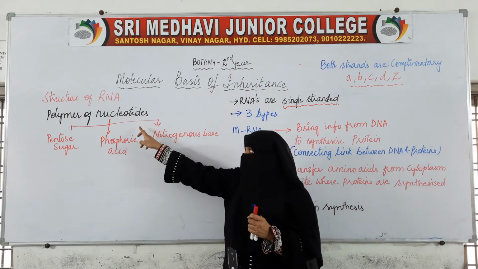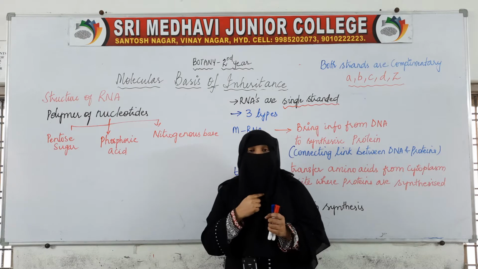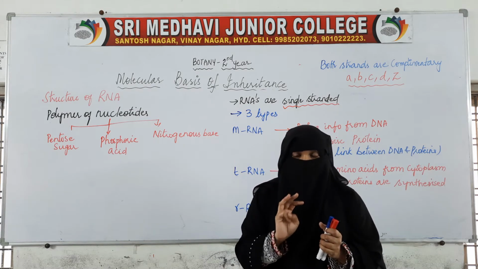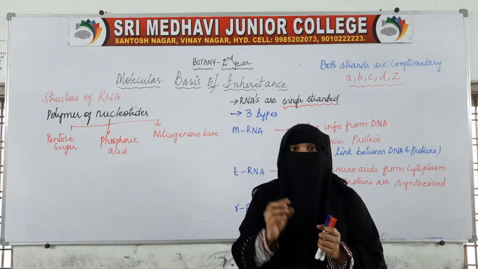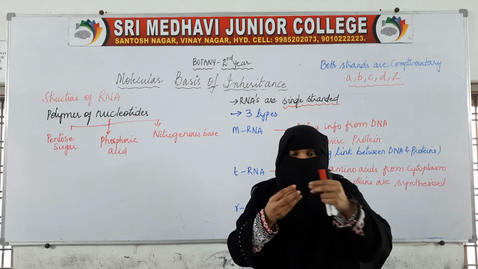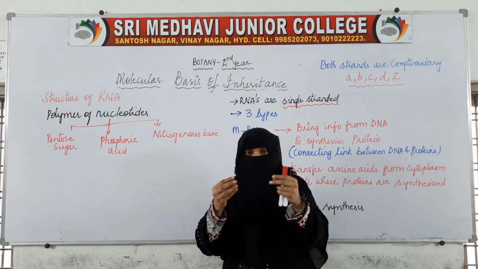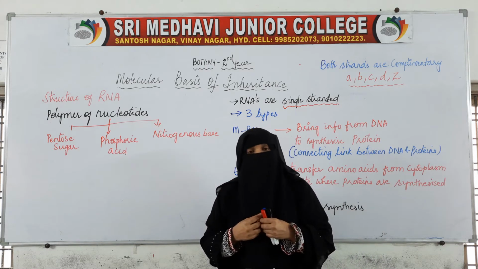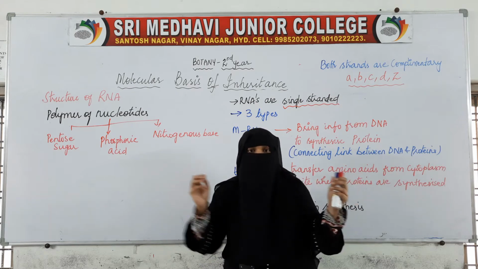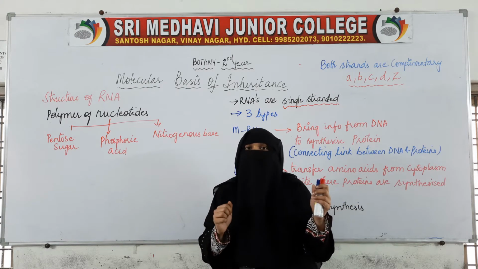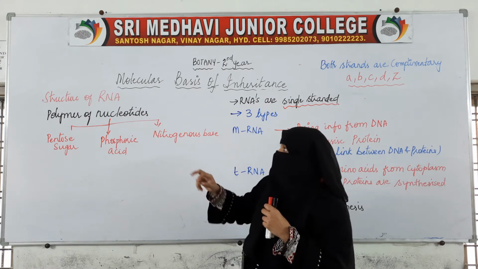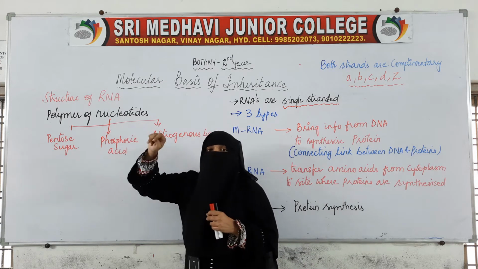Each nucleotide, as already discussed, is made up of three things. Nucleotide is a small molecule. Small molecules of nucleotides join and form a large chain, which is called a polymer. So here it is a polymer of what?